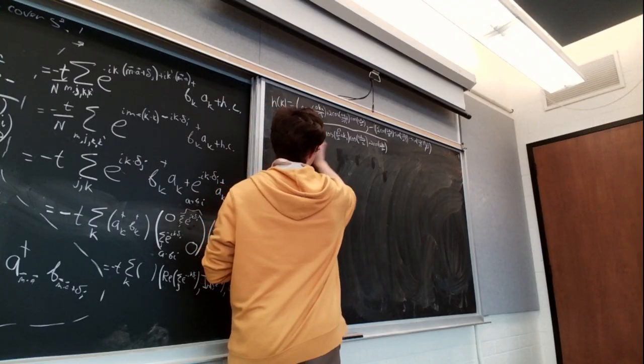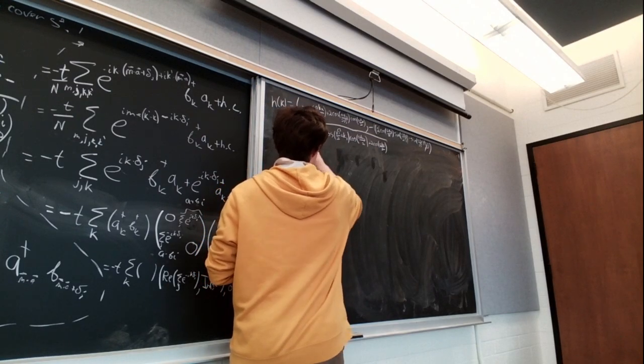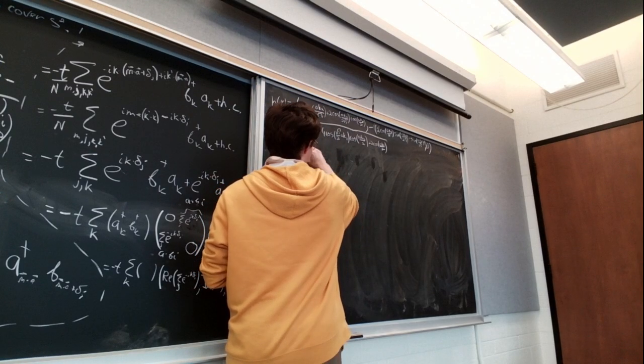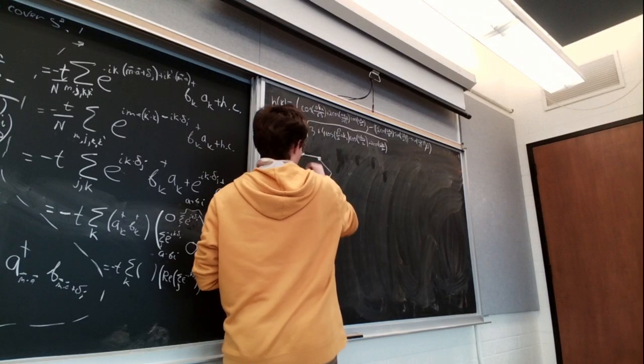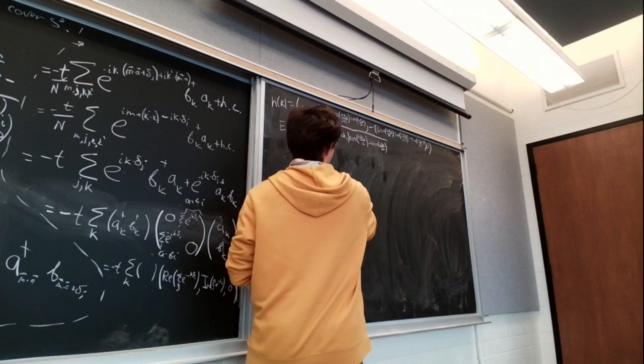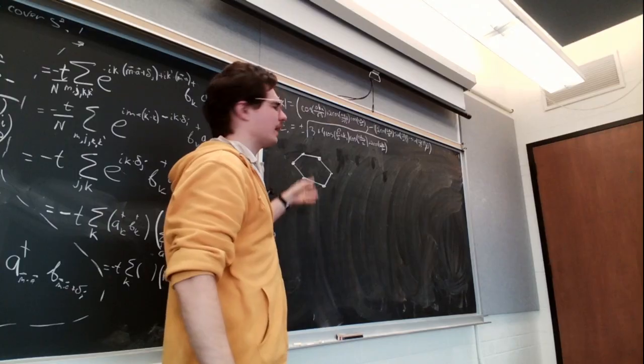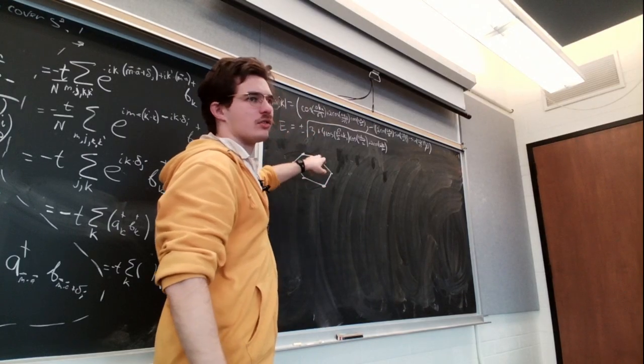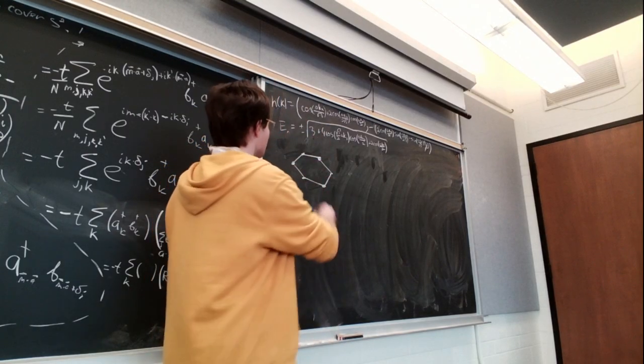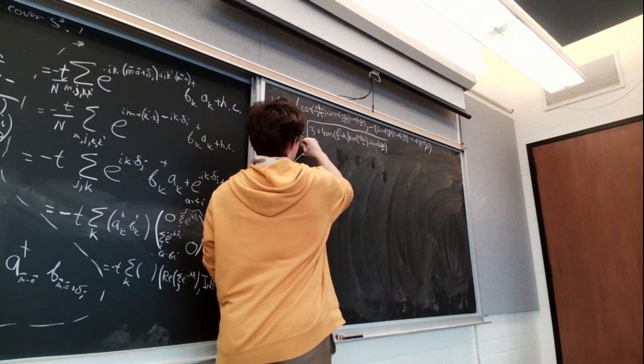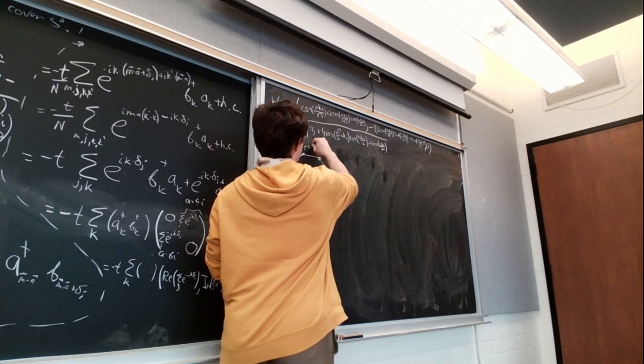I'm trying to draw the surface. I don't have a good plot, but the point is it goes to zero at the k points, at these points in the Brillouin zone. You can check what these points are, compute them. So this is k space, momentum space. Okay, this goes to zero.